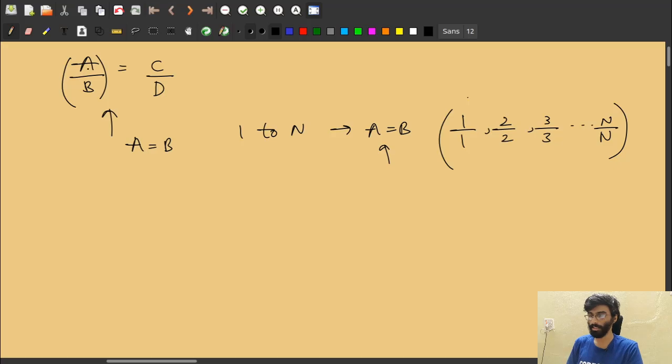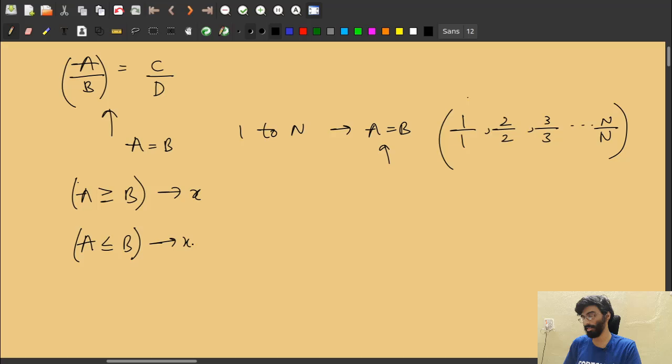Now let us consider the case when a is greater than or equal to b. This case and the case a less than b are equal, because if the number of pairs with a greater than b is x, then the number of pairs with a less than b will also be x.